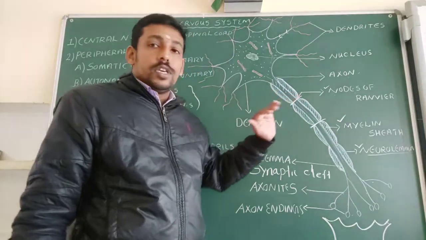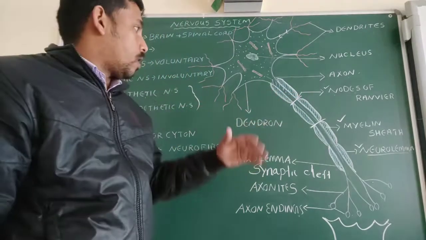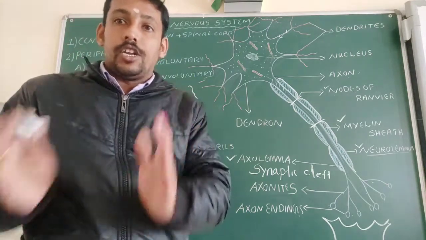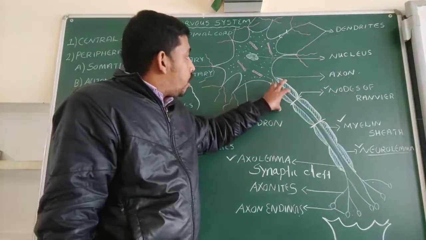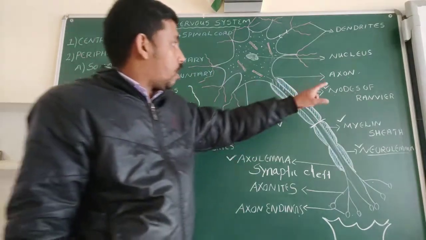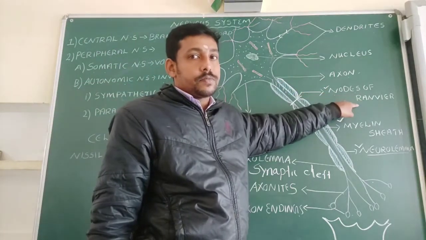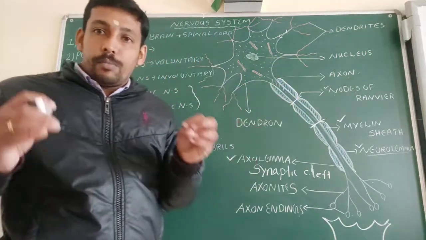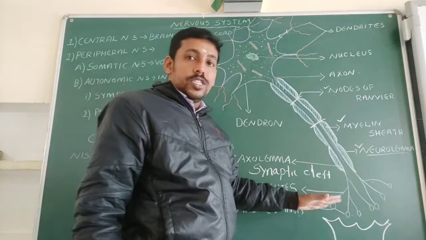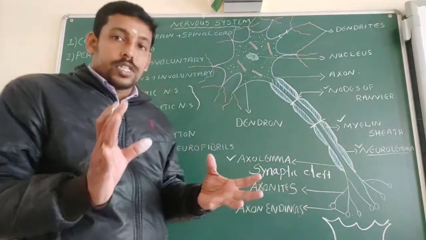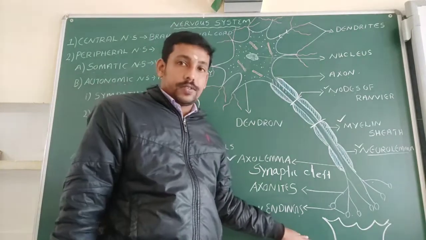Just inside that is the myelin sheath, also called the medullary sheath. The innermost is the axolemma. The axolemma and the neurolemma are continuous, but between the myelin sheath there are spaces known as the nodes of Ranvier. Then the axon ends in branches, the axonites, and each axonite has a round projection known as the axon endings.